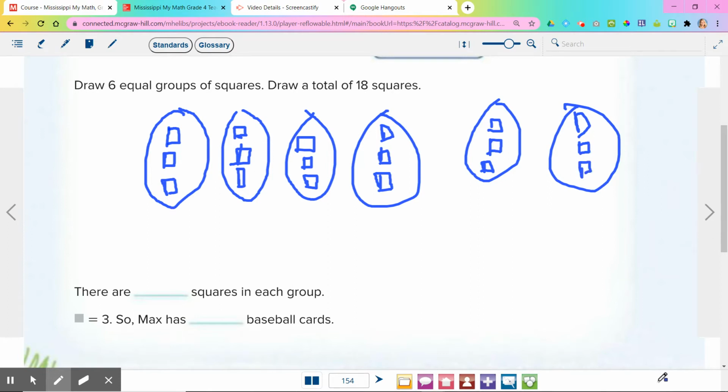So thank goodness for our multiplication facts, right? So we don't have to do that every time. So there are 3 squares in each group. So that means that Max has 3 baseball cards because Jess has 18, which is 6 times as much as Max.